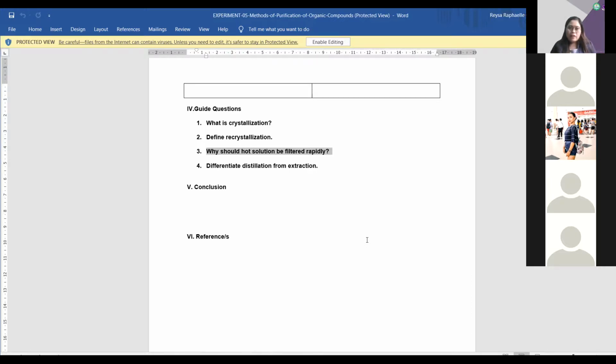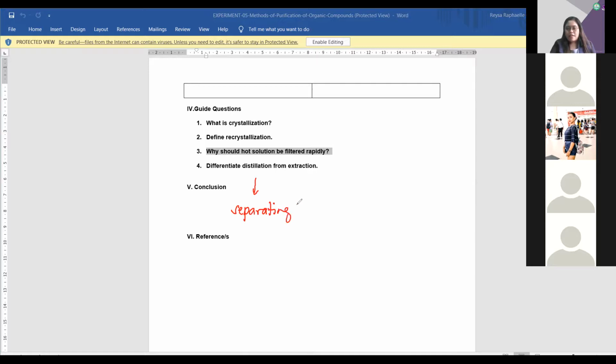Now, how about distillation from extraction? So parati ito, by the way, ginagawa sa laboratory. Both of them, distillation and extraction. Si distillation, ginagamit natin as method of separating mixture.